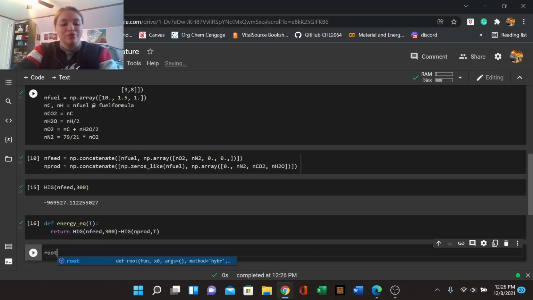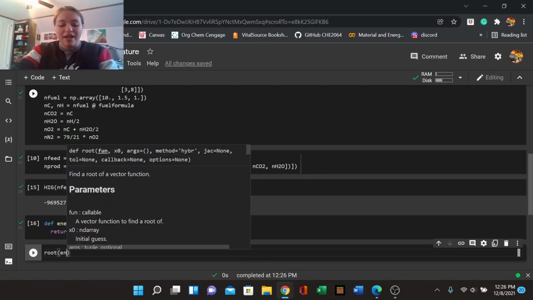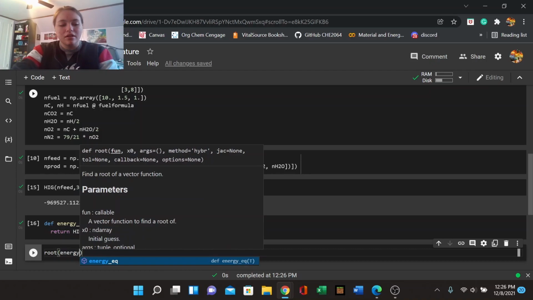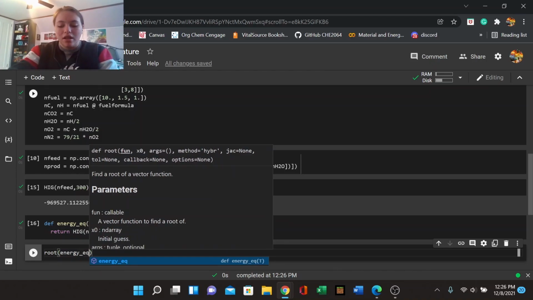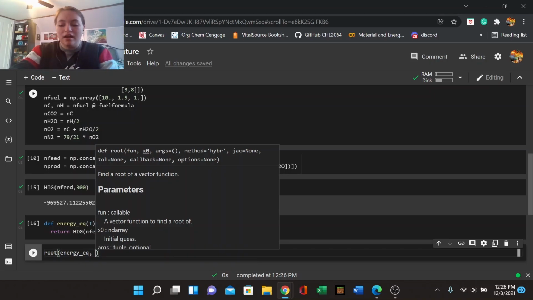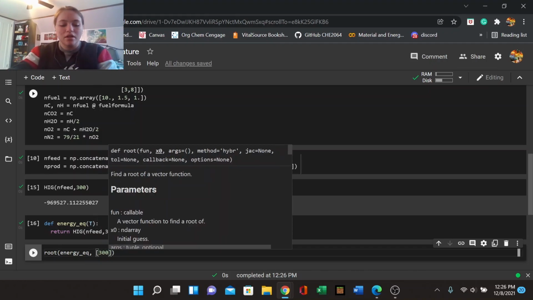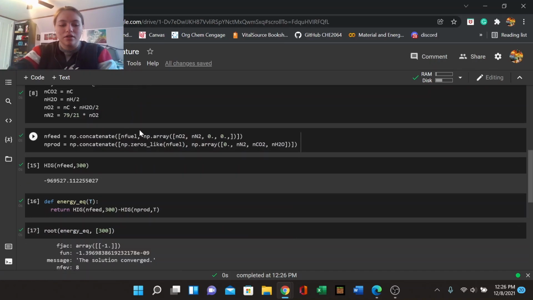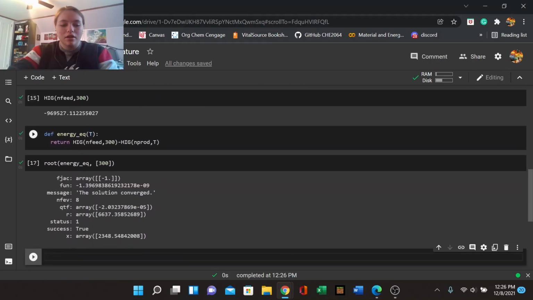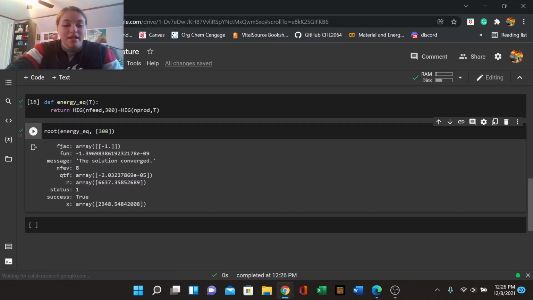We are going to use root of our energy underscore equation, with, so we can put in our 300, shift enter. So this right here, that is our temperature.